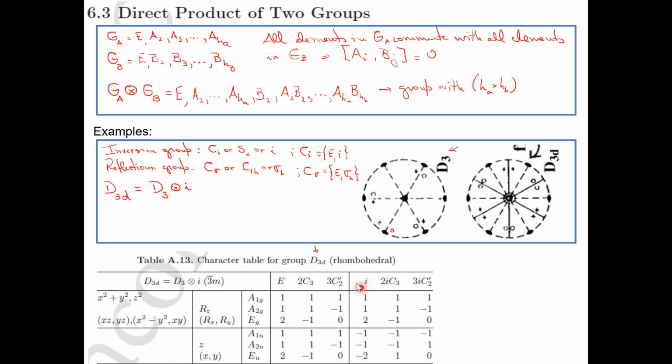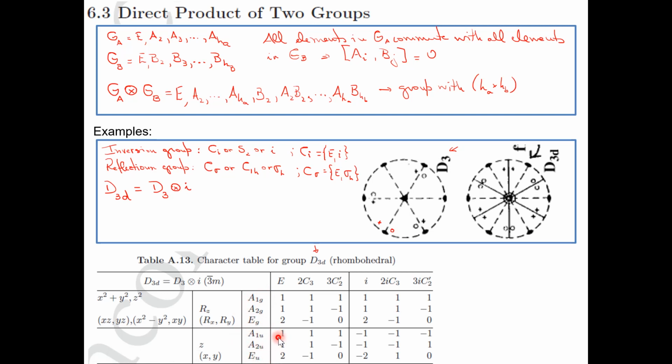Now you add the inversion group. So you make the direct product with the inversion group, which has 2 operations, identity and inversion. So first here you apply the identity and all characters are the same, and then you apply the inversion. For the representations, there are even under inversion and odd under inversion representations.